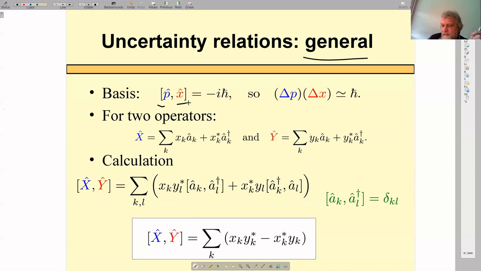The uncertainty relation comes about from the fact that two operators cannot have common eigenfunctions, so that they don't commute. From the fact that there's a commutation relation between momentum and coordinate, it follows that the product of uncertainties of momentum and coordinate is always bigger than, or at least of the order of, h bar.